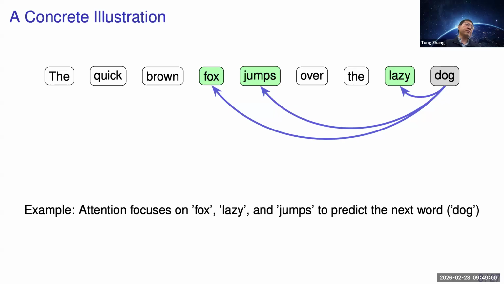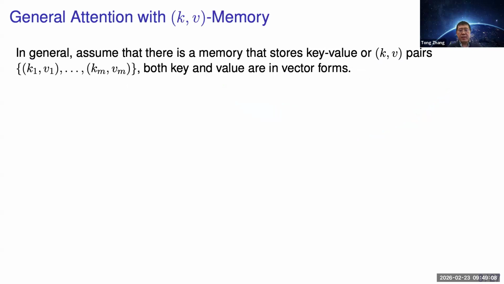Essentially you can look at the attention map, the weights, how large they are, and see how much attention you are paying to each word. This is a more general view of attention, which is what we actually look at, both in the transformers and in the general memory system.